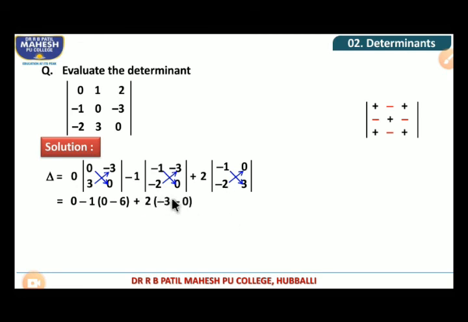Therefore, we have -3 minus 0. Simplifying, -1 into -6 is plus 6, and -3 into 2 is -6. Therefore, it is equal to 0, because 6 minus 6 is 0. So the value of this given determinant is 0.